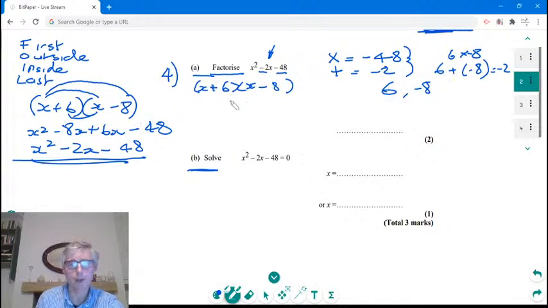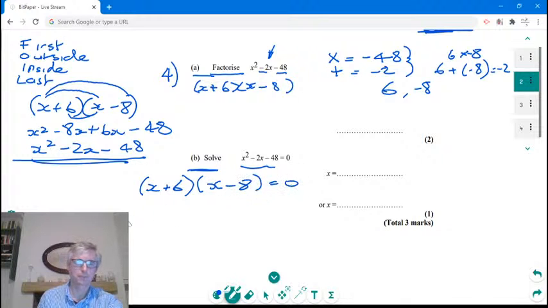And now it's asking us to solve this. So what we can do, we can take the factorisation of it, x plus 6, x minus 8, and that's equal to 0. And we can say that from that, we've got two little mini equations.